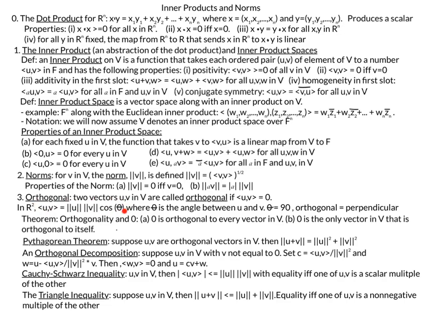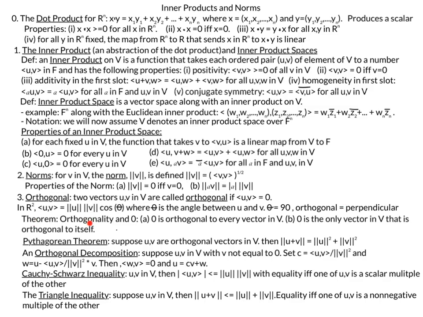So if we wanted to know when u and v were orthogonal, we would look to see where the inner product is equal to 0. If u and v are not the 0 vector, then cosine of theta would have to be equal to 0, which happens when theta is equal to 90 degrees. In that regard, we consider being orthogonal equivalent to being perpendicular.